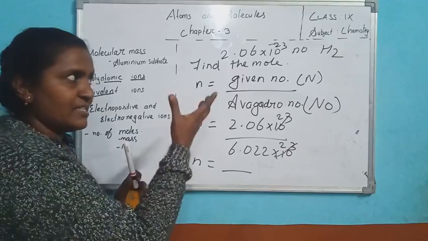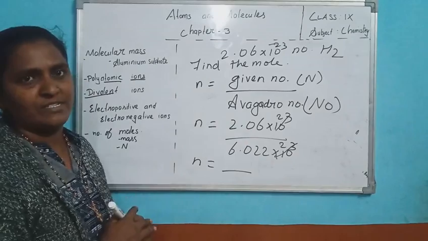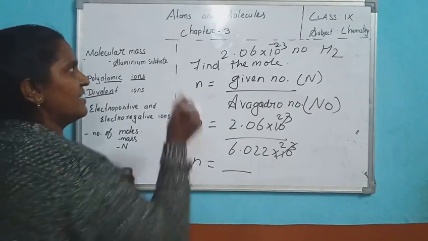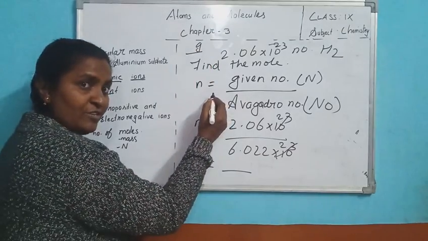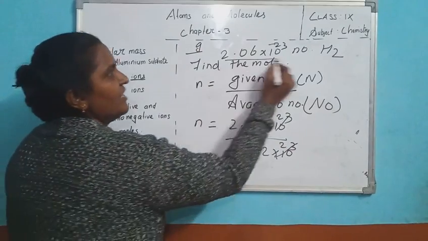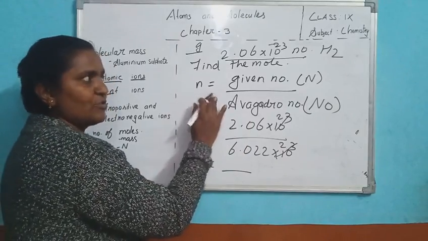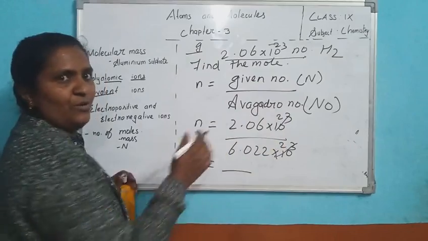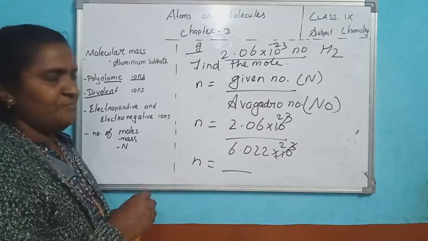If the number is given, number by Avogadro number, you will get the number of moles. Clear? If it is in gram, how will you find out? Given weight by molecular weight. If it is given number, how do you find the number of moles? N equals given number by Avogadro number. Avogadro number is fixed.